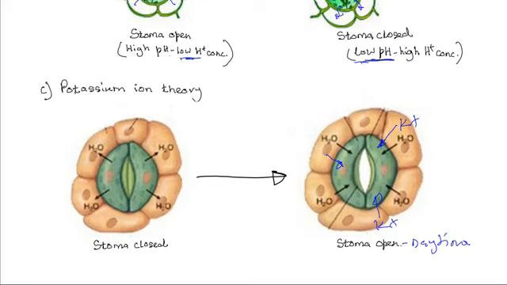The potassium ions raise the osmotic pressure of the guard cells. Water is then drawn into the guard cells by osmosis. The guard cells become turgid and bulge outward, thereby opening the stomata.